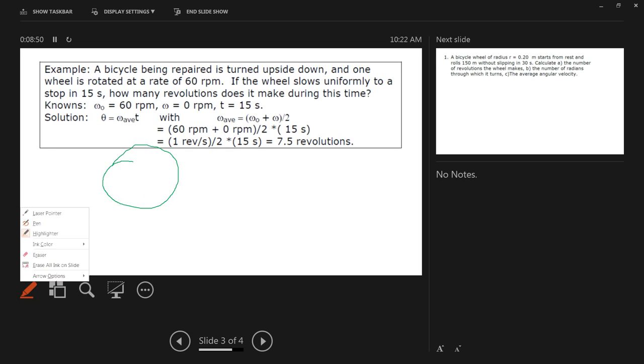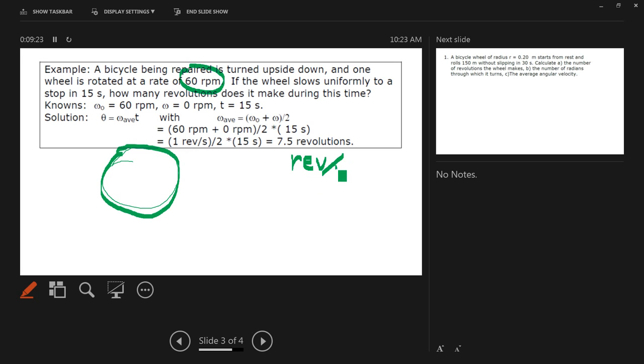Basically we've got this wheel, and it's turned upside down, and we're rotating at a rate of 60 RPMs. That's a different unit of measure, like miles per hour instead of meters per second. The RPM is revolutions per minute.